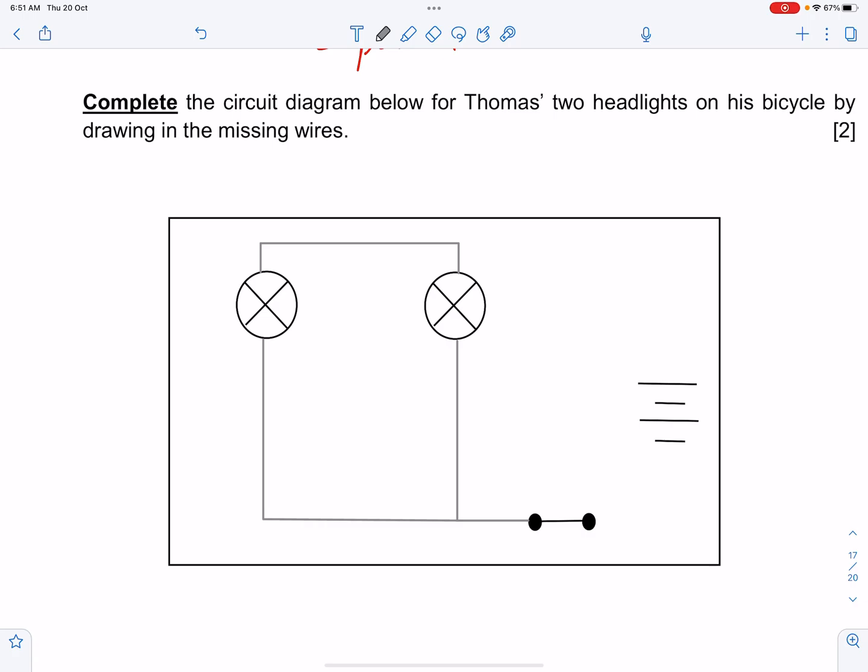Okay, make sure your lines are straight. Like this, use a ruler, please. So all electrical components are touching. There are no gaps, no hairy lines. Okay, this is what I meant. Now, some students, they like to do this. Please don't. There are actually gaps in the symbol of your batteries, right?